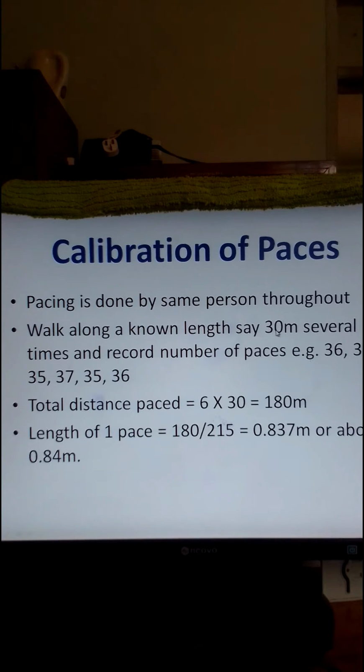Now 30 meters is the length of the surveyor's chain. So you stretch the chain on the ground so that it is straight and lies on the ground to give a distance of 30 meters, and then you walk along that distance several times.